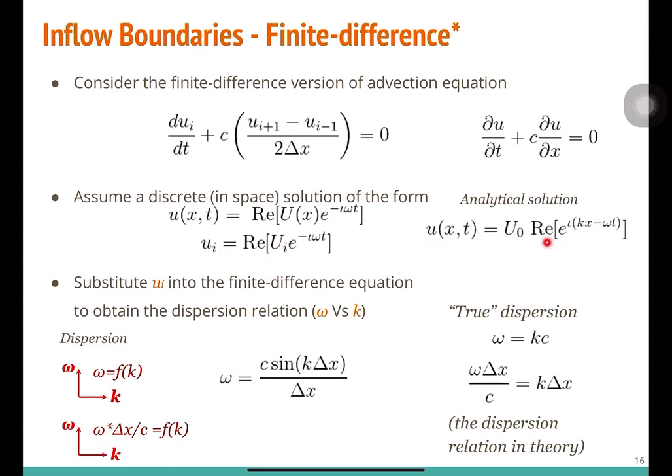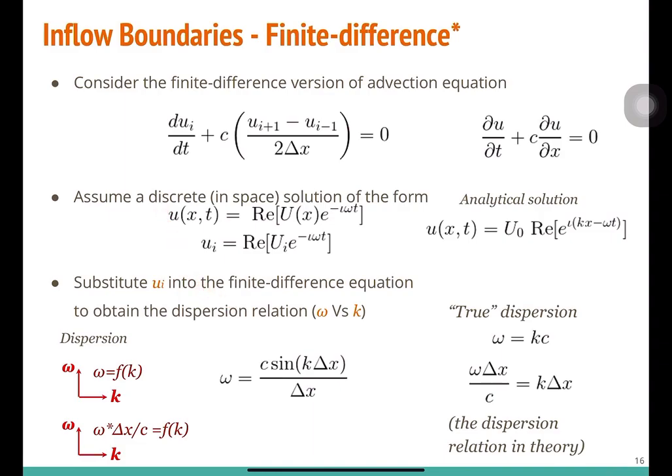This is for comparison, the analytical solution, which is what we got from the last slide. We put this into the original advection equation to find the dispersion for the analytical form, which is the true dispersion. And then we want to find the dispersion for the discrete version of the advection equation.